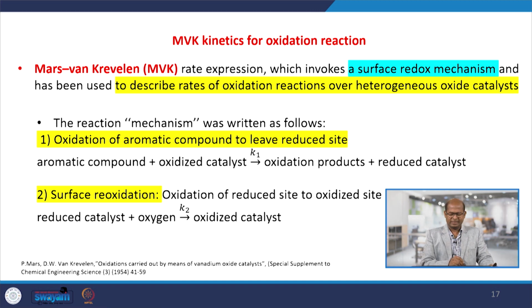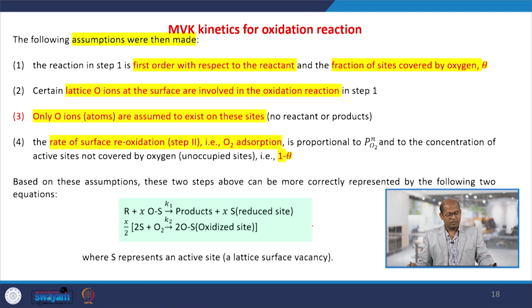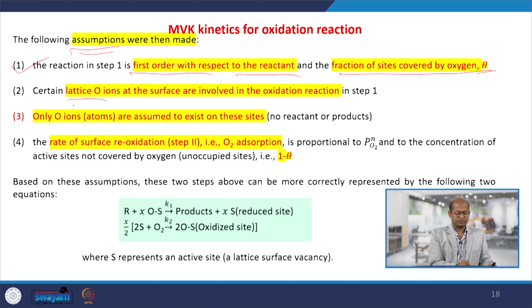These are the initial guesses for this reaction, meaning two reactions are taking place simultaneously, as already discussed. A few assumptions are written here: the reaction is first order with respect to the reactants, and the fraction of sites covered by oxygen, theta, and the lattice oxygens at the surface are involved in the oxidation reaction in step 1.